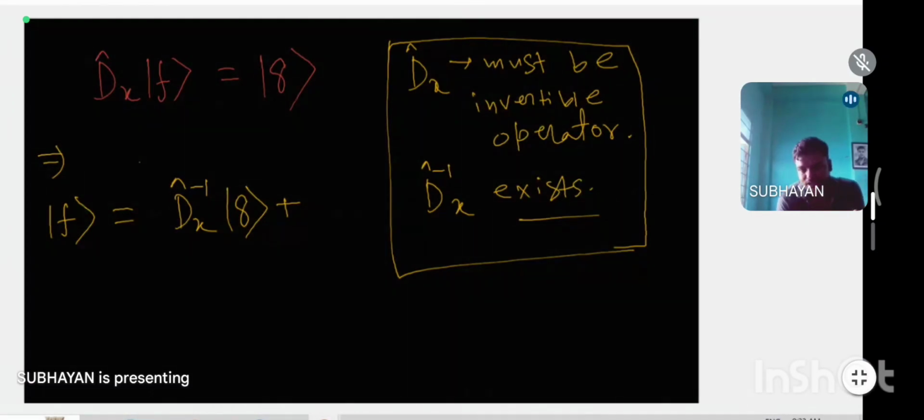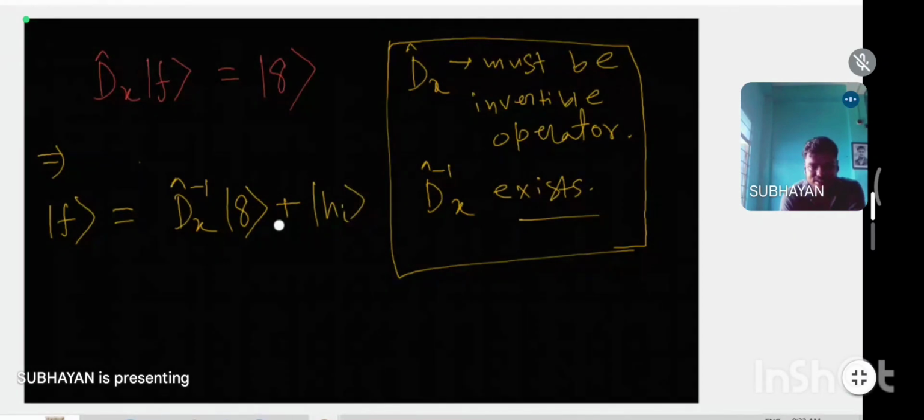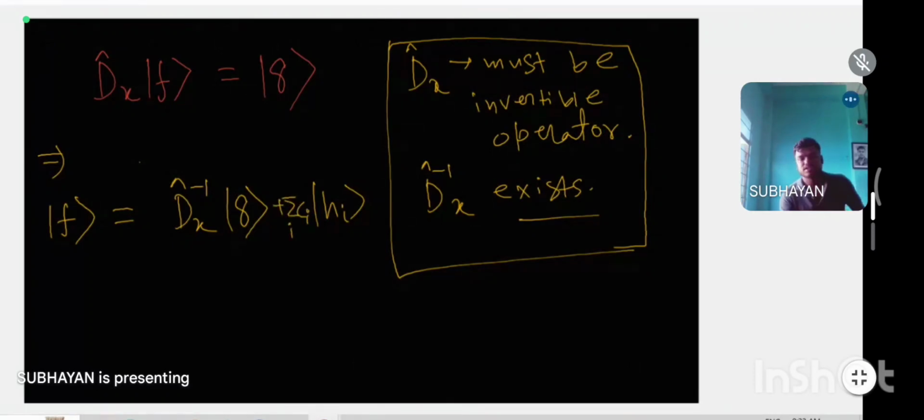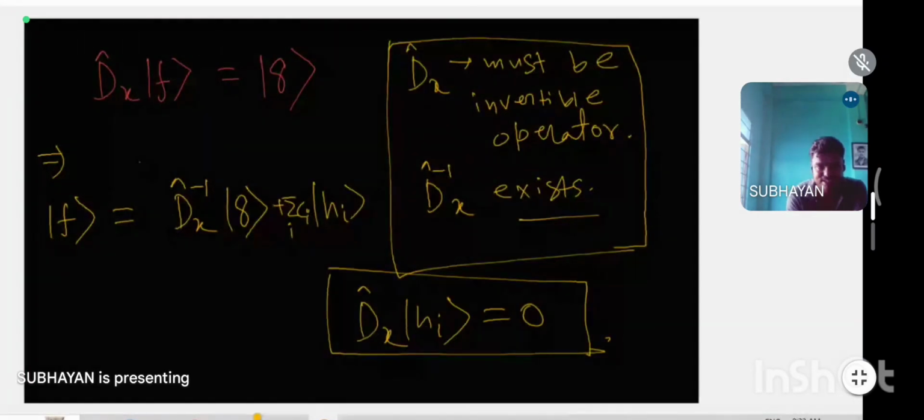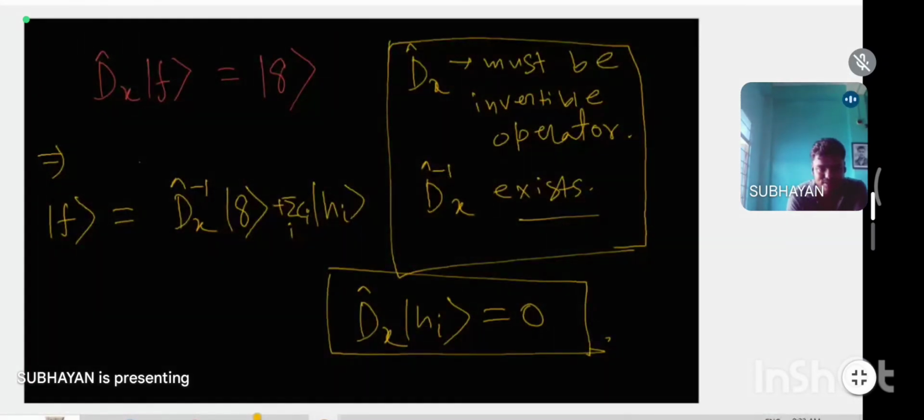So you can directly write f equal to that plus some h i, or in general you can take the summation over i of ci times ket hi. These hi are such functions that they satisfy dx of hi equals 0. So this is the general solution from here.